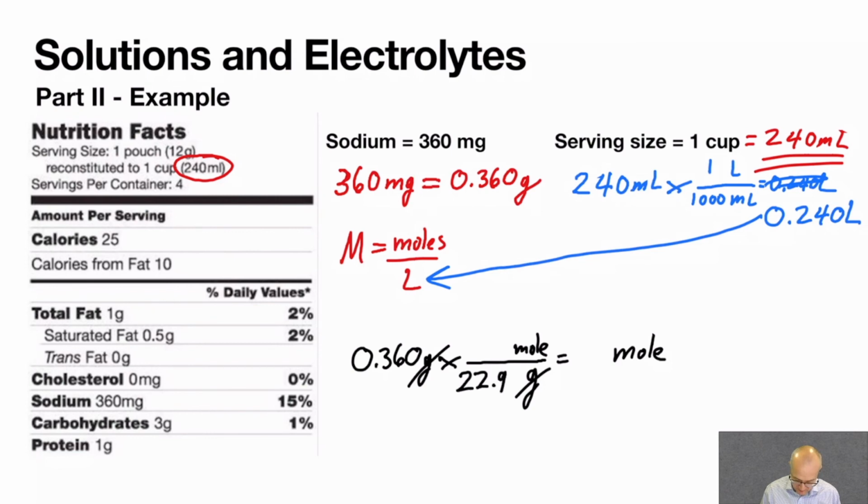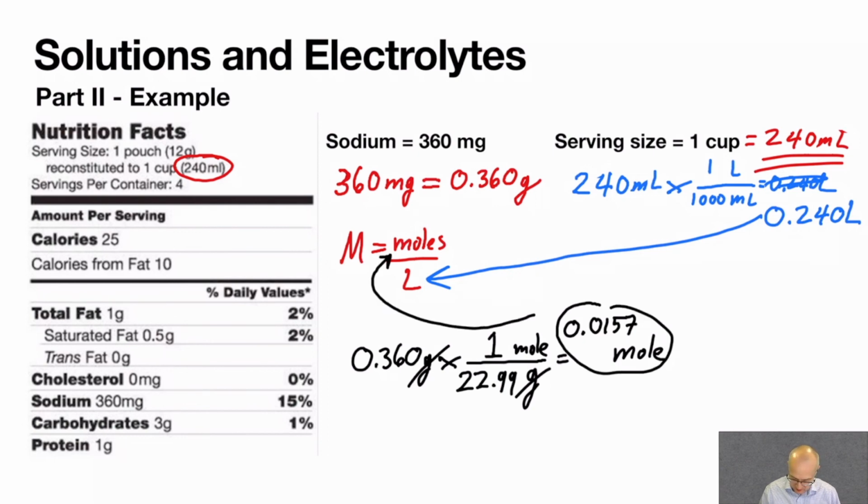If you don't know it, you go to the periodic table, find sodium, and look for its molar mass. Bust out your handy dandy calculator and take 0.36, divide that by 22.99, and you get 0.0157 moles.